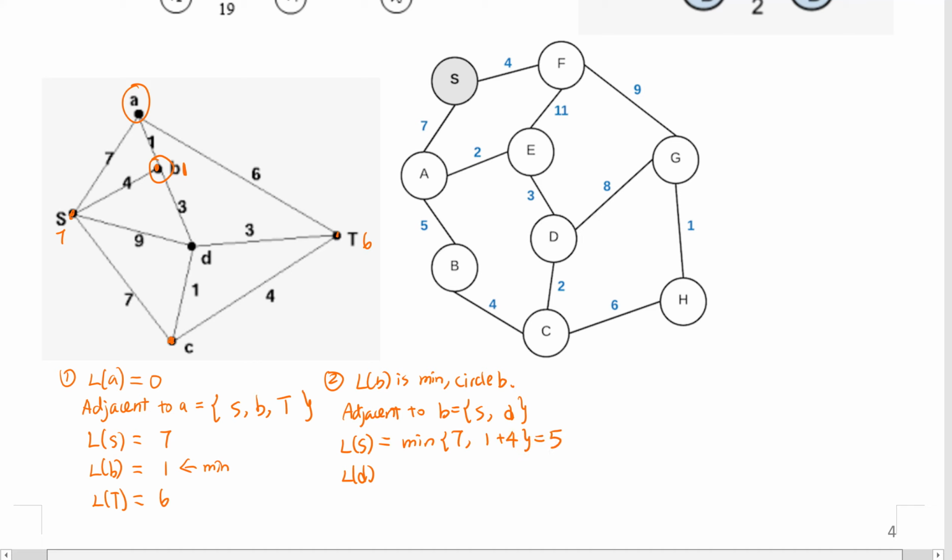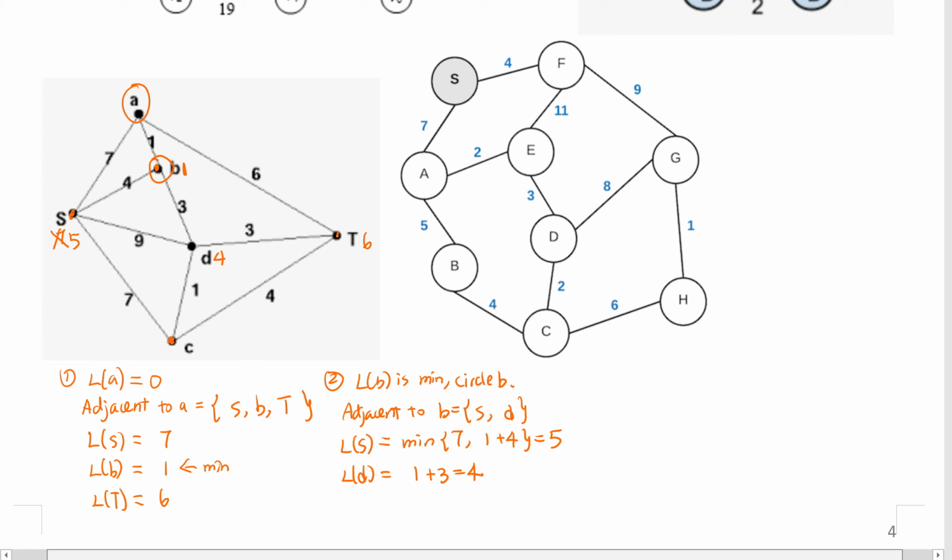Oh, now the minimum is 5. LD, D is the label of B, 1, plus 3, which is 4. Okay, so now see, I changed this guy to 5. So you can cross out the 7 and put a 5 there. And LD, the label is 4.